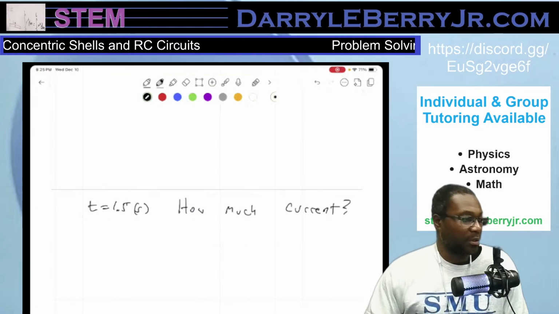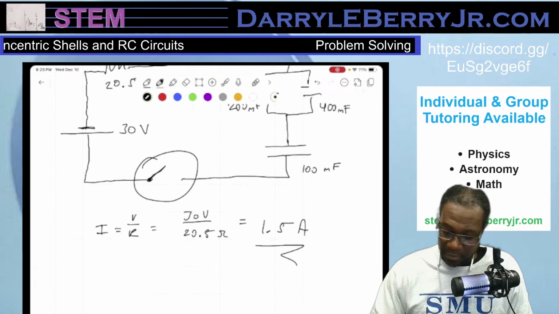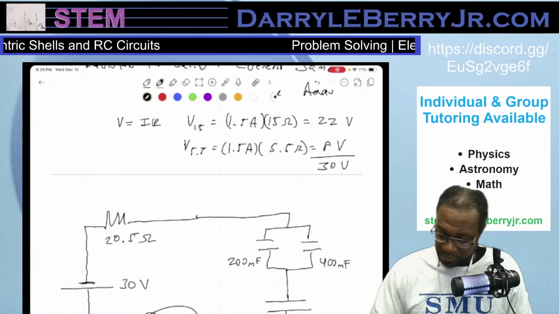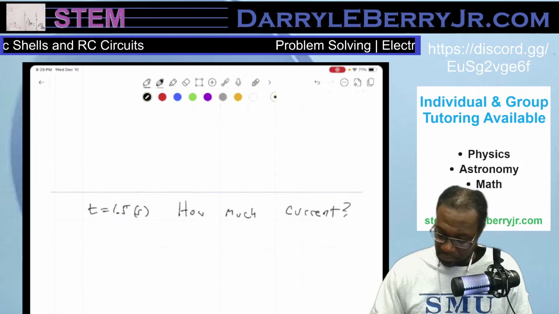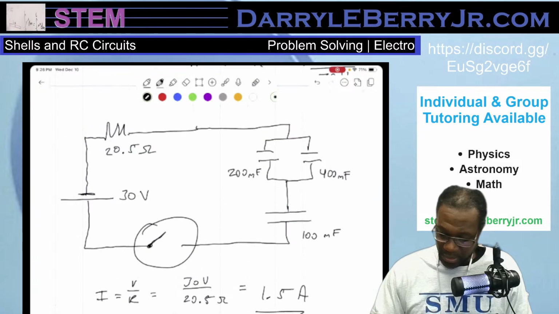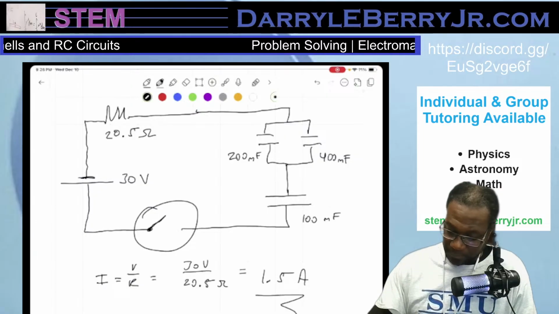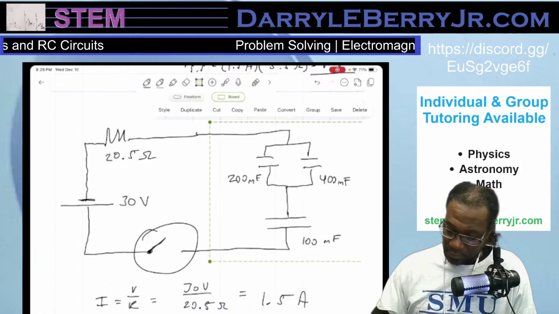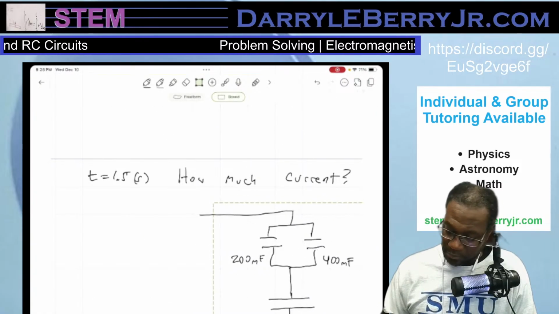So the first thing we need to do here is consolidate our capacitors. It's a good thing I typed everything down right there, because I could just consolidate the rest right here. So basically, this is our capacitors.